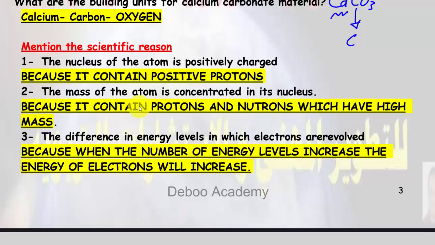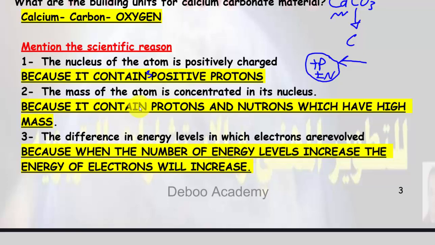Move to mention the scientific reason or give reason. The nucleus of the atom is positively charged. We said, dear students, that the atom contains positive protons and neutral neutrons. So the reason for the positive charge of the nucleus is that it contains positive protons.